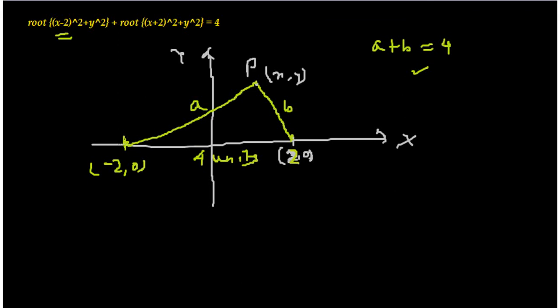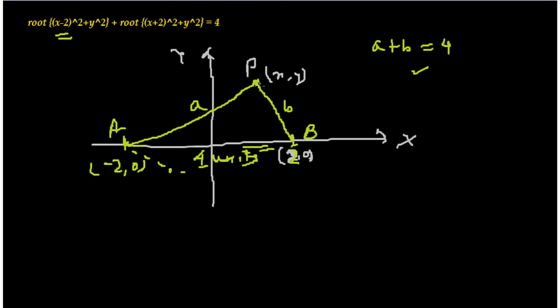Let's say this point is called A and this point is called B, capital B. So the length AB itself is 4 units, which means if I take point P anywhere other than the line segment AB, it will be greater than 4. Let's say if I take a point here, obviously this length plus this length is going to be greater than the line segment AB.